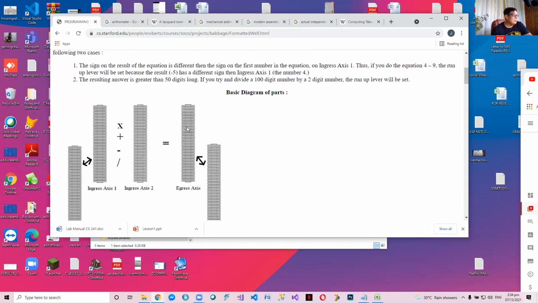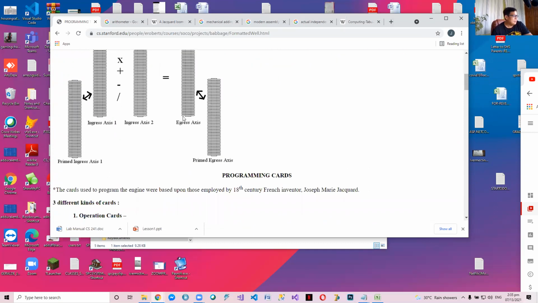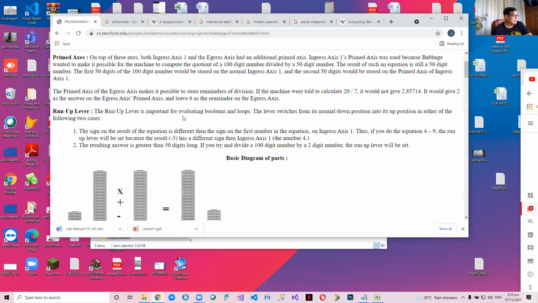There's also a prime egress axis which stores the remainder in a modulo operation. But during a divide, the quotient is in the egress axis. Any questions? So that's the mill.